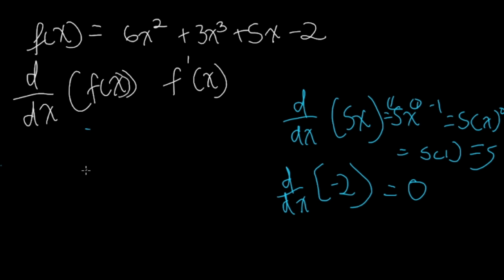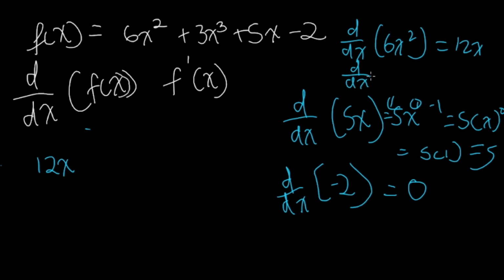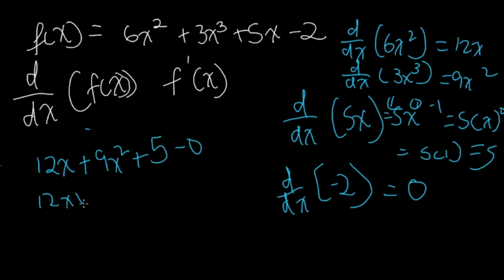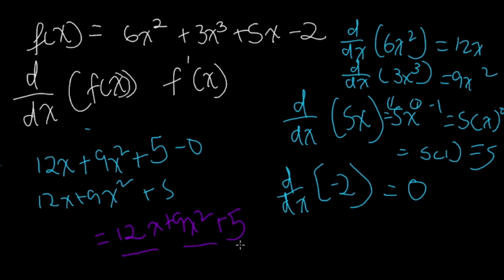The derivative of 6x squared is equivalent to 12x, and the derivative of 3x cubed is equivalent to 9x squared. So 12x plus 9x squared plus 5 minus 0. That's just 12x plus 9x squared plus 5. That's our answer. So the answer is equivalent to 12x plus 9x squared plus 5. And there it is.